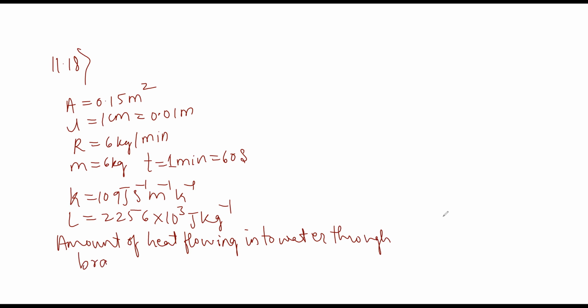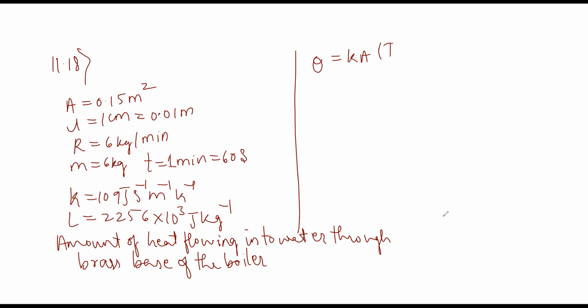The amount of heat flowing into water through the brass base of the boiler is given by the formula θ = KA(T1 − T2)t / L. T1 means the temperature of the flame in contact with the boiler, and T2 is the boiling point of water, that is 100 degrees centigrade.